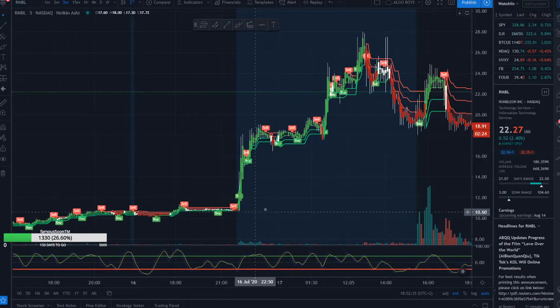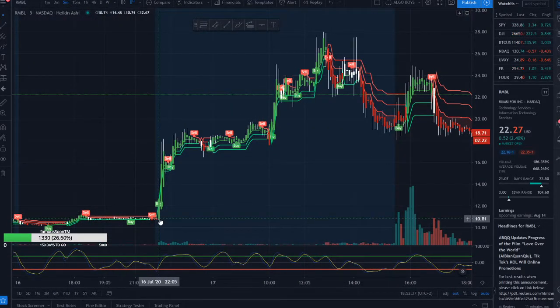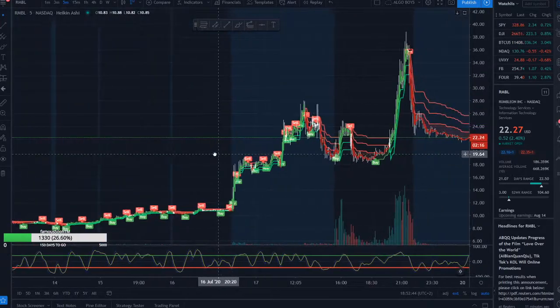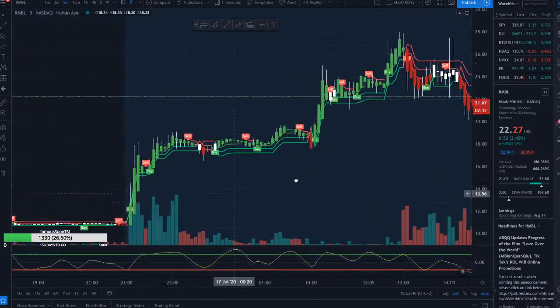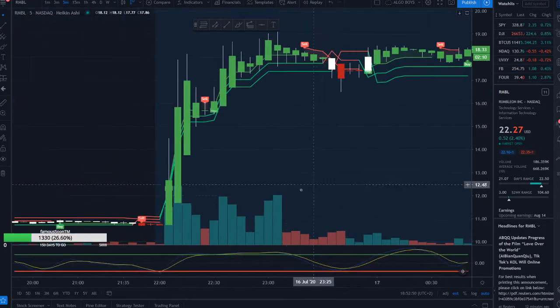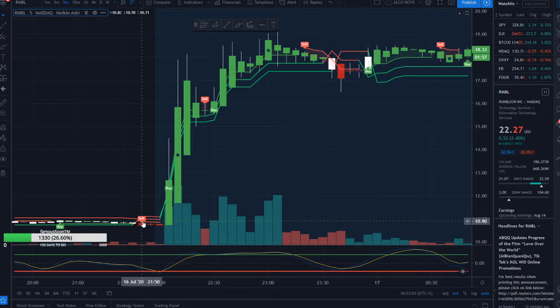So let's look before the spike, because I actually played this ticker. I entered at around $22, I think, around here. And you can see what happens. Also, let's only look at the buy signals for a second so we can get another clear understanding. So for instance, I can see right here, in the middle of the first green big candle, there is a buy signal.